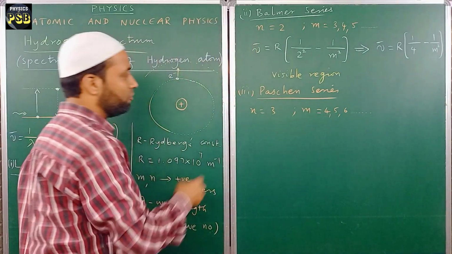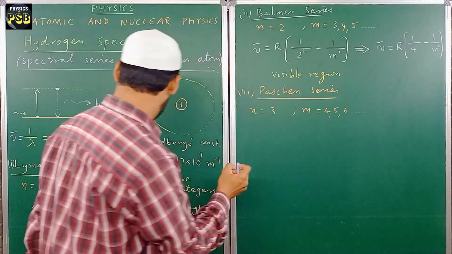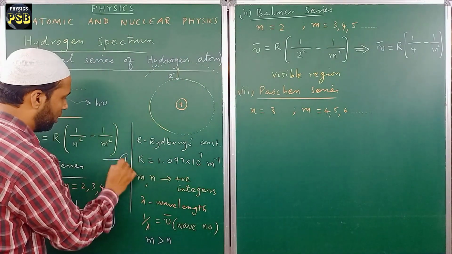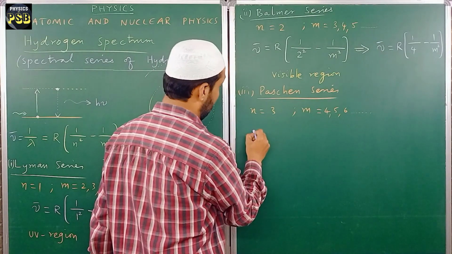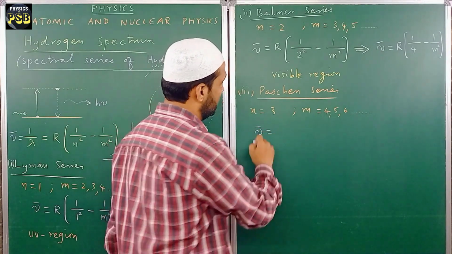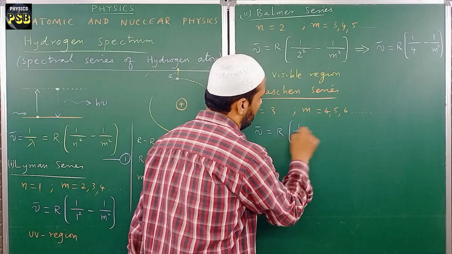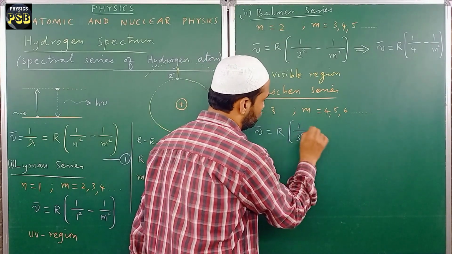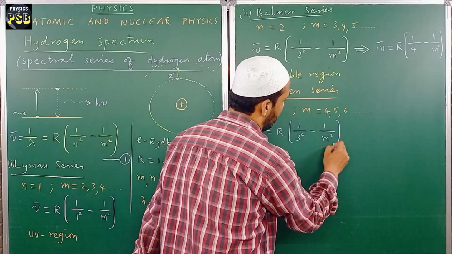So I'm going to substitute the value of m and n in this equation. Let me name this equation as equation number 1. By substituting the values in equation number 1, I obtain the wave number as nu bar equals R multiplied with 1 upon 3 square minus 1 upon m square.